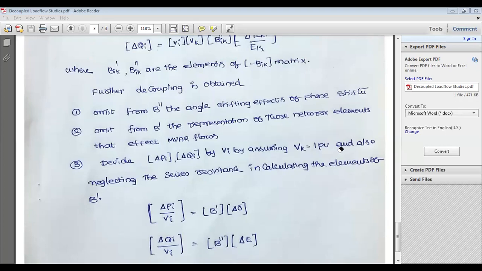Okay. Now we are going to see one important difference between the load flow studies. We will have some time, so we will see that one also, right?